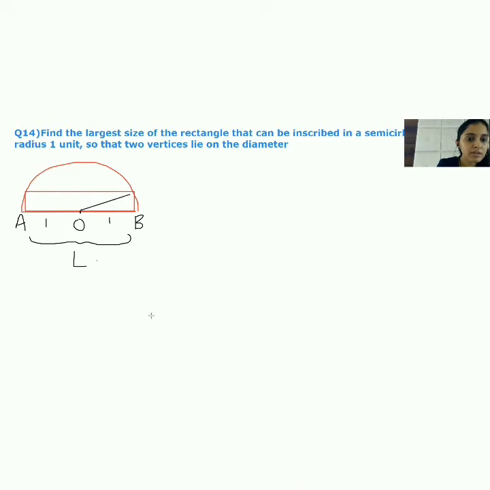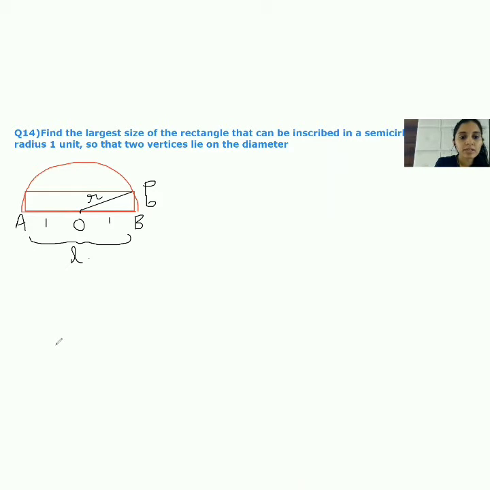Please observe. Can you see this triangle? We will name this point P, so triangle OBP. This is your radius R, and this side will be your breadth B. We'll take small l and B for the length and breadth of the rectangle.